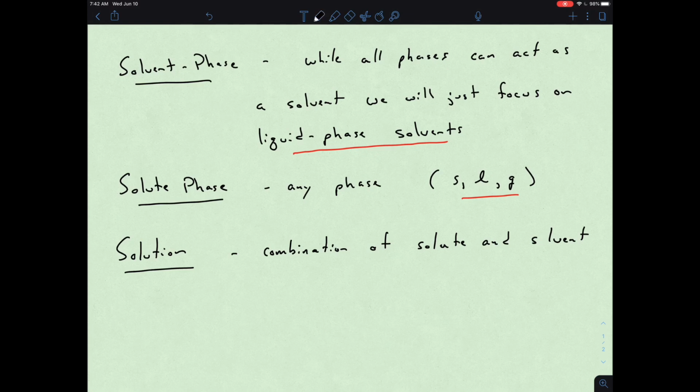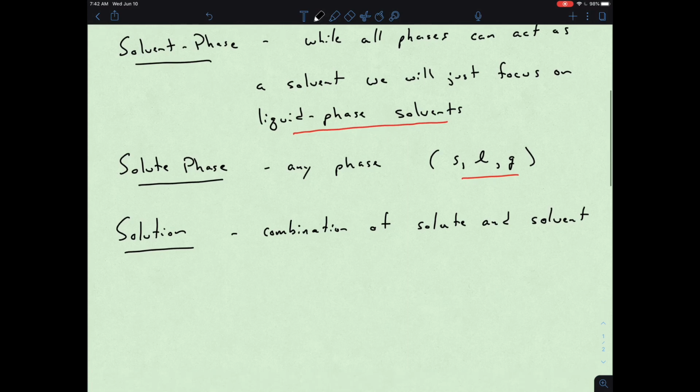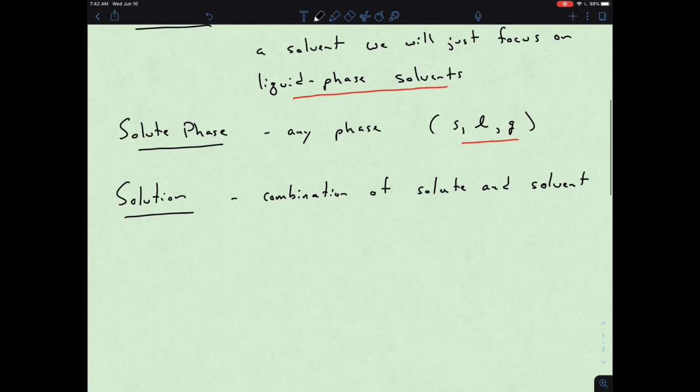So, in talking about solutions, we have some terms we should know, such as a suspension.